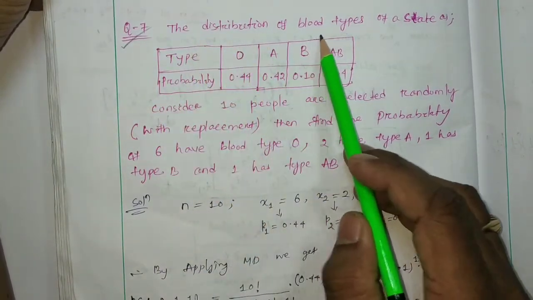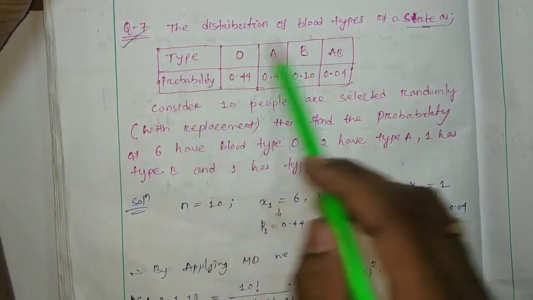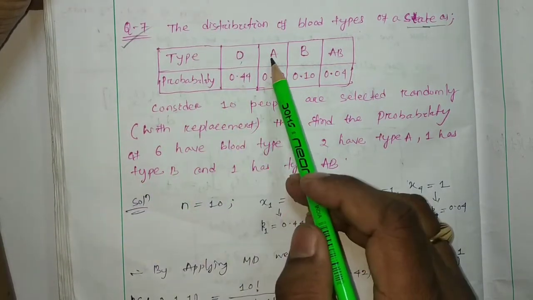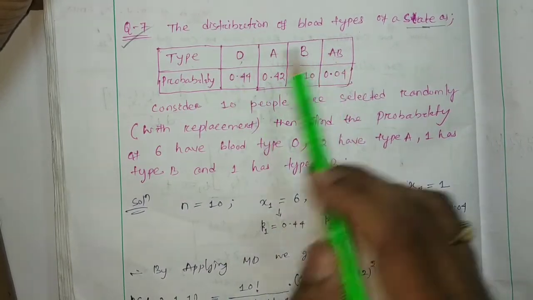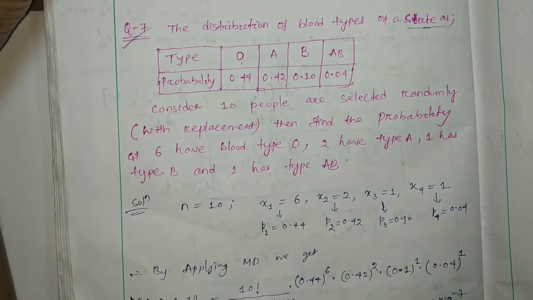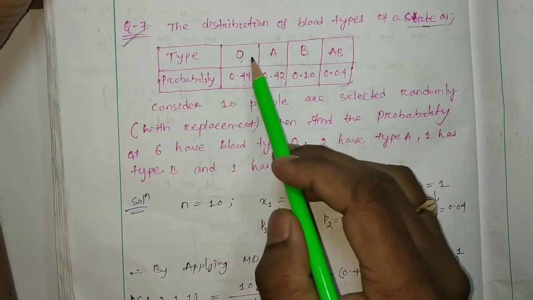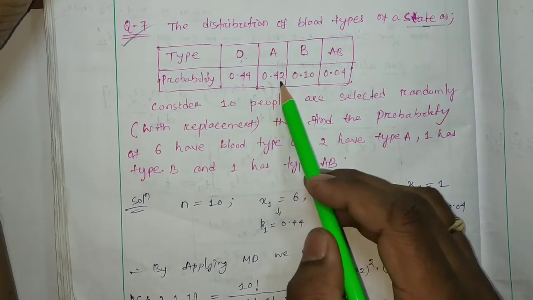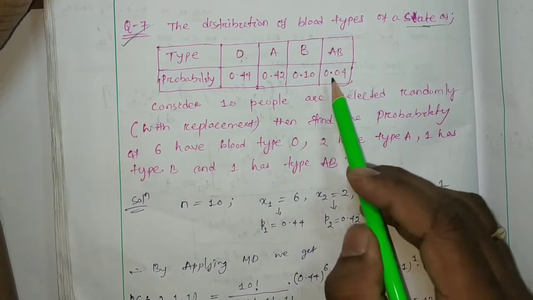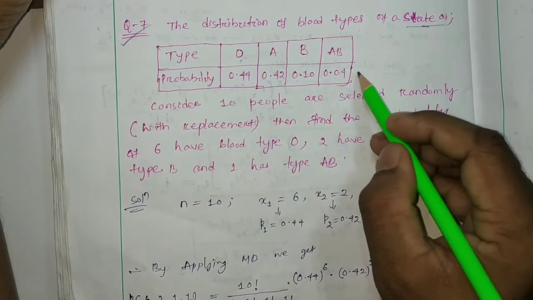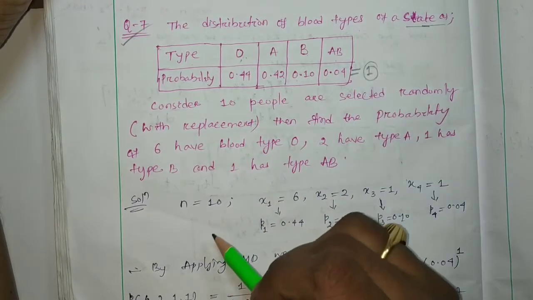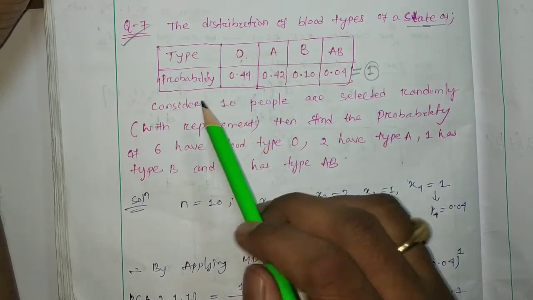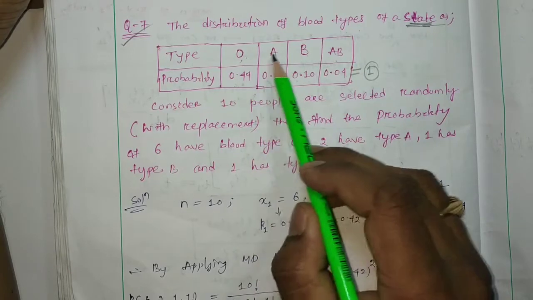The distribution of blood groups of a state is as follows: the probability of blood group O is 0.44, A 0.42, B 0.1, AB 0.04. If you add all the probabilities, you get 1. Here it is a probability distribution of a state having different blood groups.